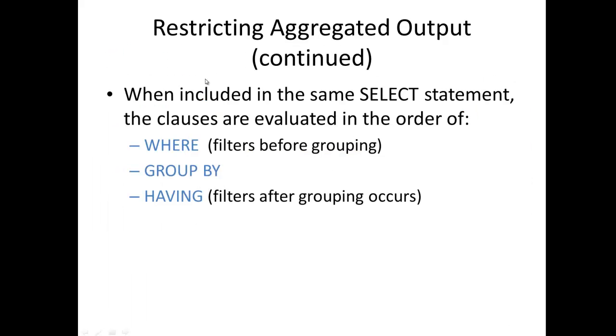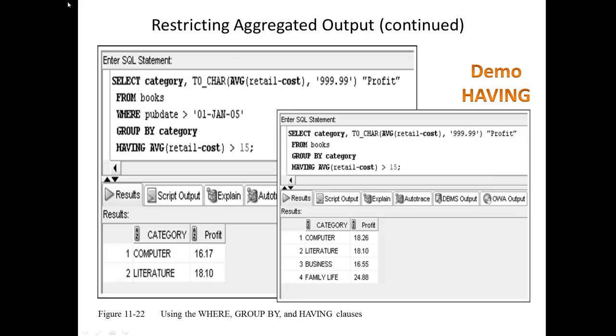Restricting aggregate output continued. Some other considerations. When included in the same select statement, the clauses are evaluated in the order of where, because where filters before your grouping, group by, and then having is our last filter, and it's filtered after the grouping occurs. Here's an example. Our select statement, category, notice it ties into the grouping.